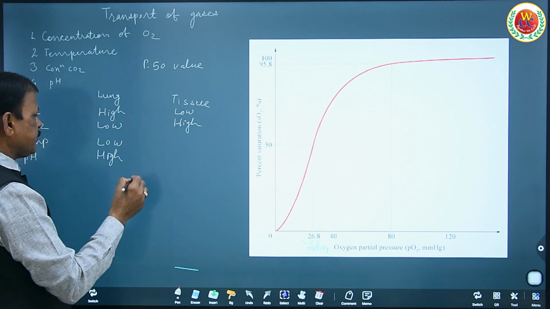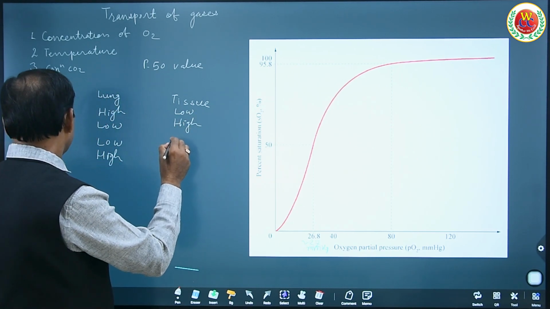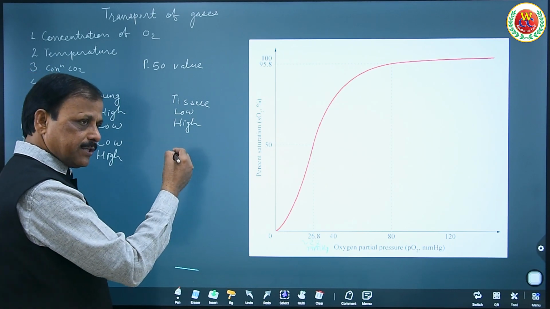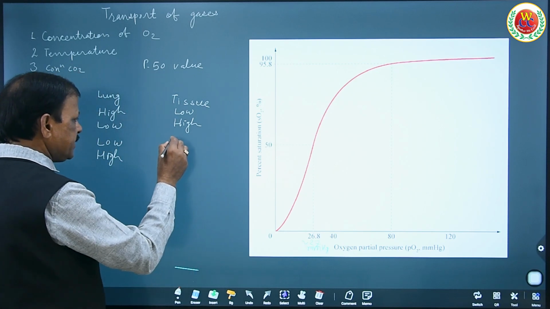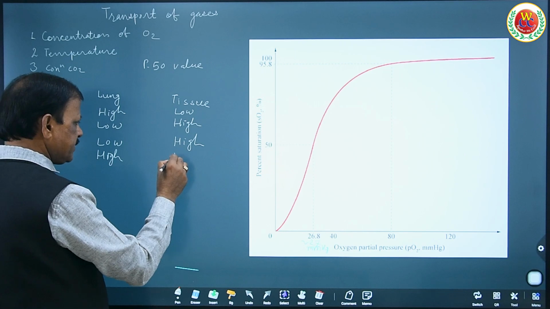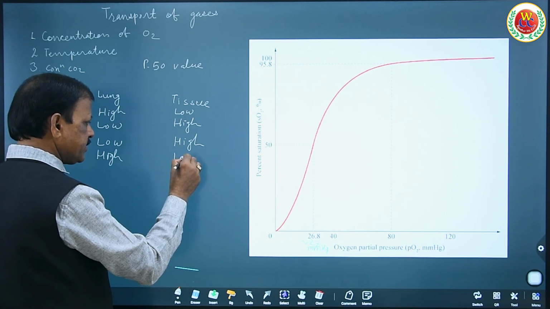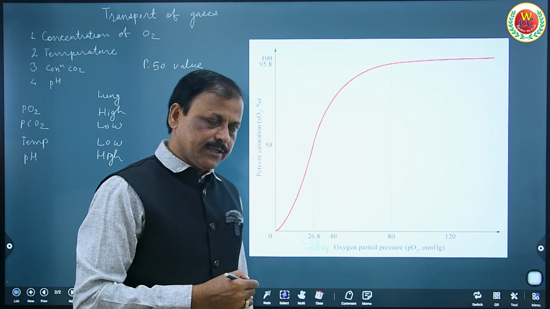As we know, the byproduct of respiration is heat, so heat is high, and the concentration of hydrogen ion is increased, therefore pH is low, that is, less than 7.